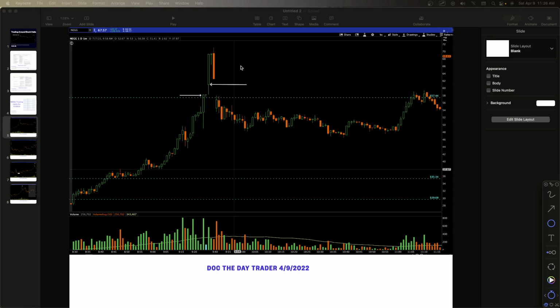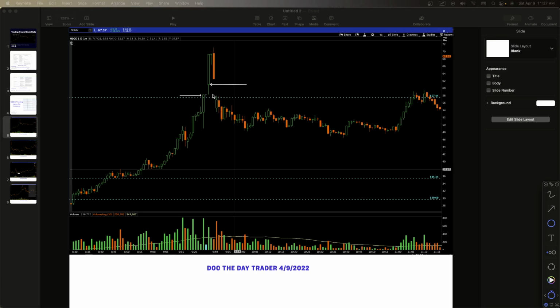So that's that up halt gap strategy. And even if it doesn't happen right away, they'll still be looking to possibly hop in. Let's say it didn't come down and fill the gap, popped up first, and then came back down and filled the gap afterwards. So that's one of those strategies.